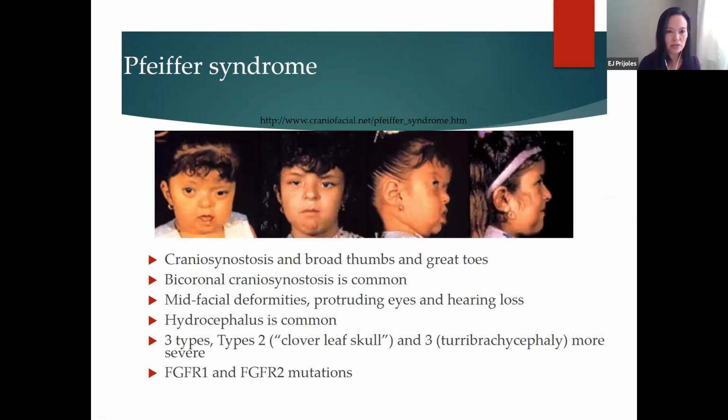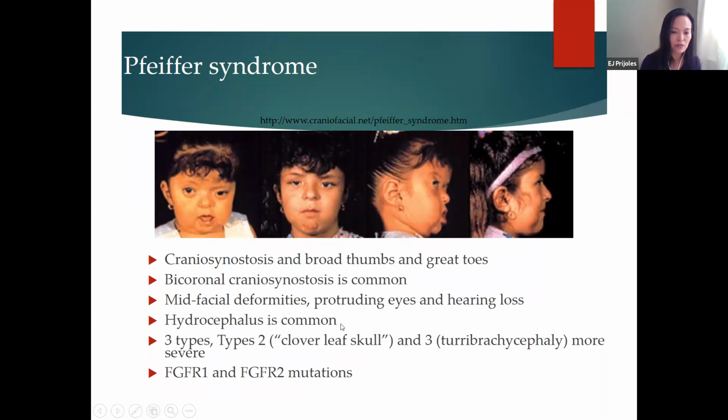And then Pfeiffer syndrome, again, another craniosynostosis, often also associated with bicoronal craniosynostosis, and the typical facial features, but there is some variability.